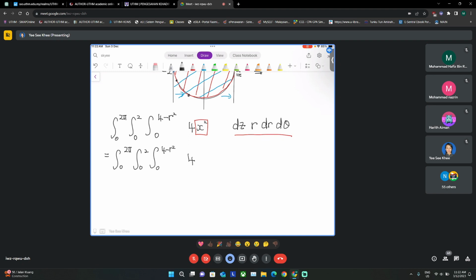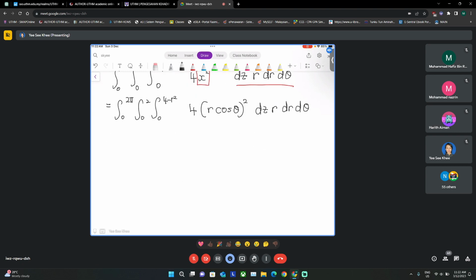Be careful with the square: you have to make sure r cos theta, all the terms, are squared. So dz, r, dr, and d theta.